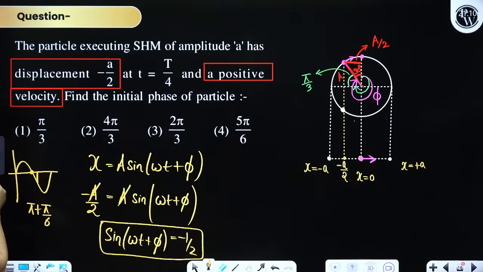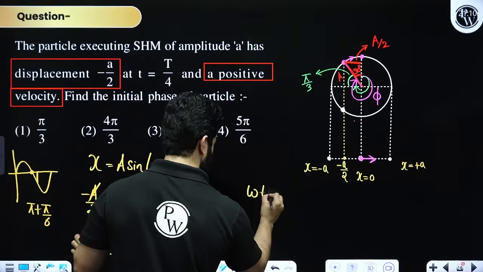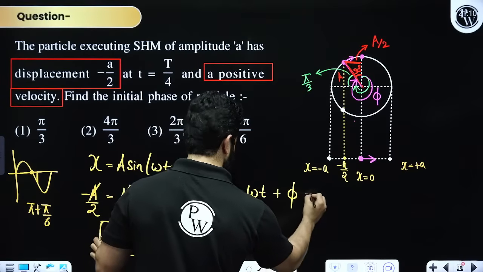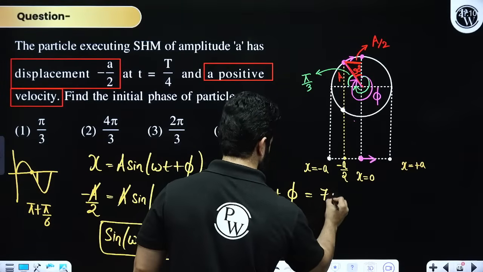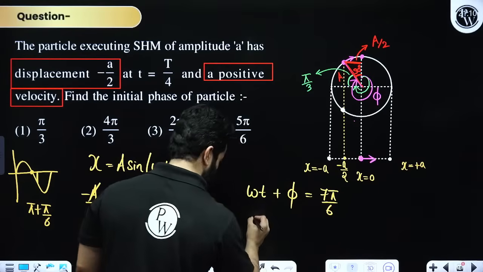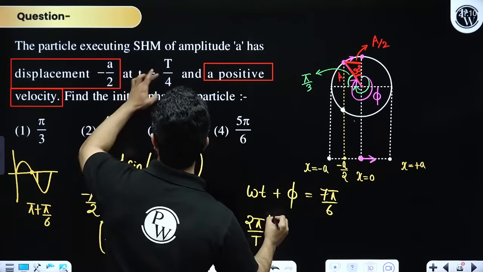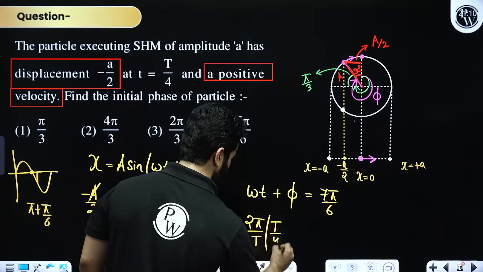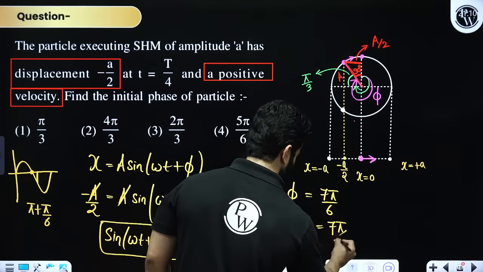Then let's find the value. So omega t plus phi is equal to 7 pi by 6, and then put the values: 2 pi by capital T times capital T by 4 plus initial phase phi is 7 pi by 6.